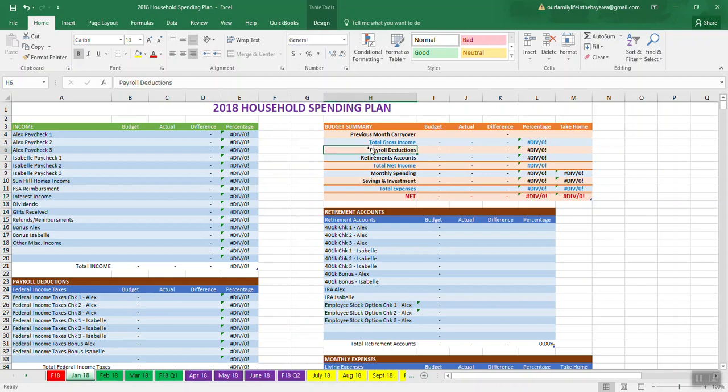So going back to the total gross income, this is where this number here comes from. This is the total income, and it's just a sum of all the items in this table right here. So we have Alex paycheck one, Alex paycheck two, paycheck three.